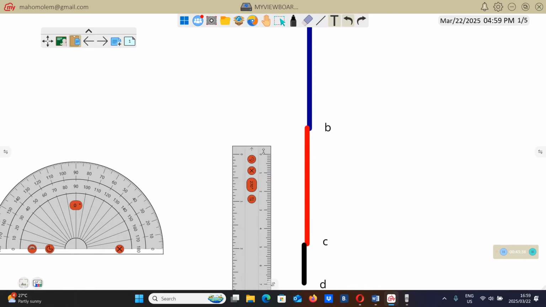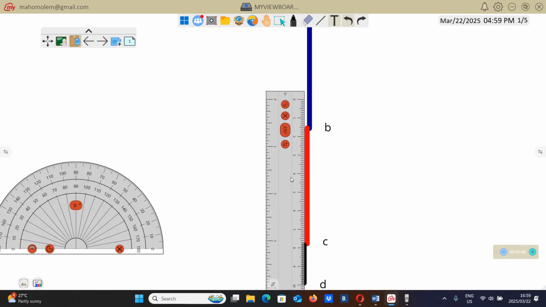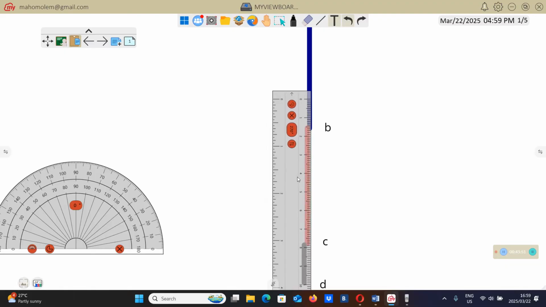Let me put my ruler in order. Meaning from that D, we have to draw an upward line with the magnitude of 93.3.